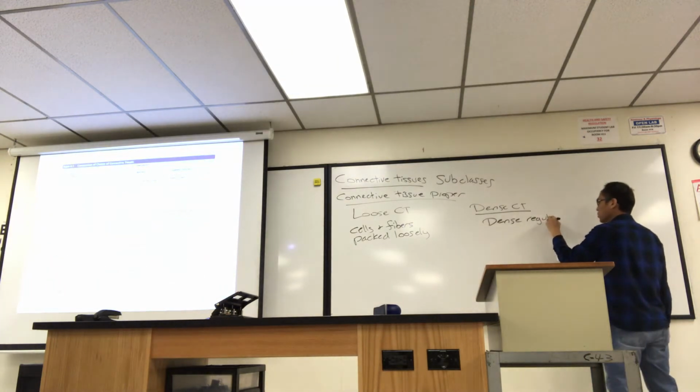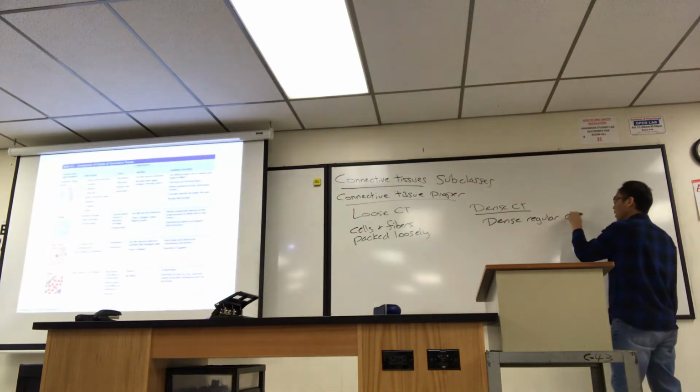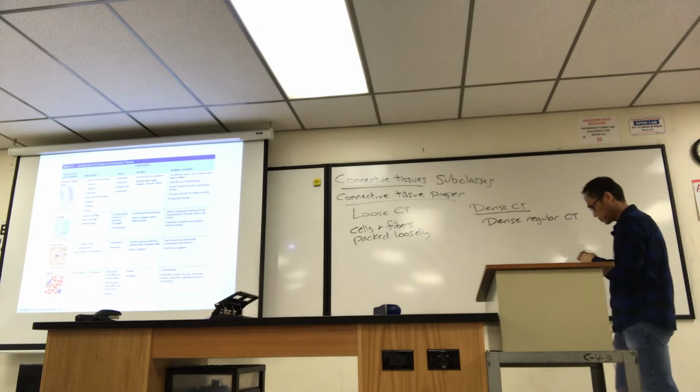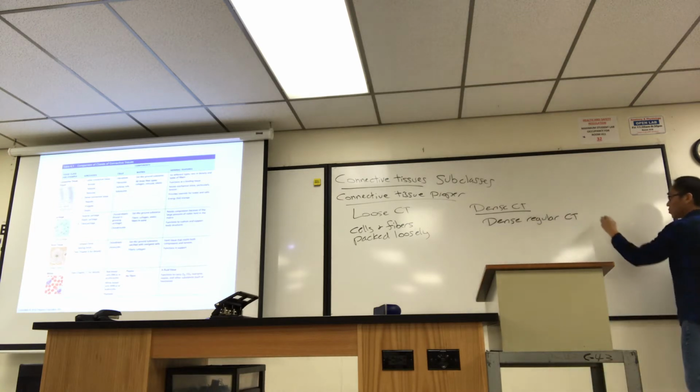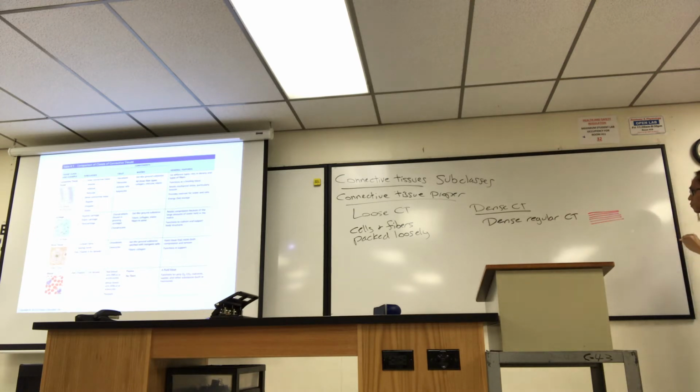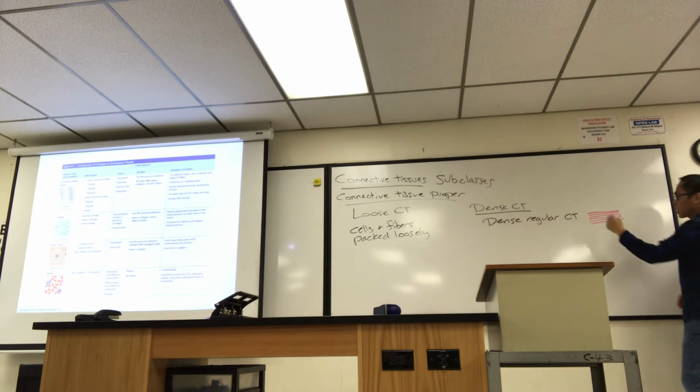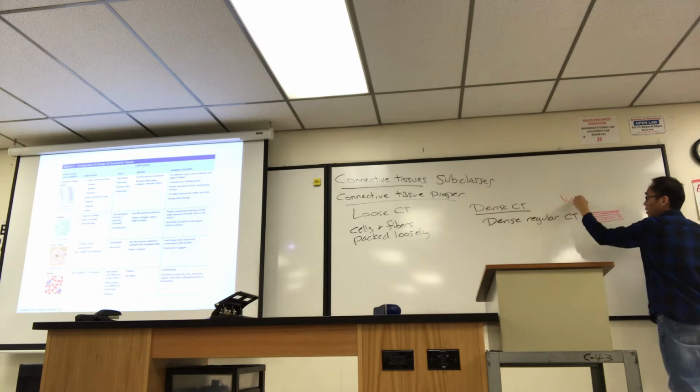In a dense regular connective tissue, all the fibers run more or less in the same direction. For example, in a ligament or a tendon, all the fibers run in one direction.